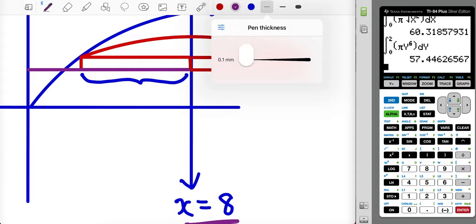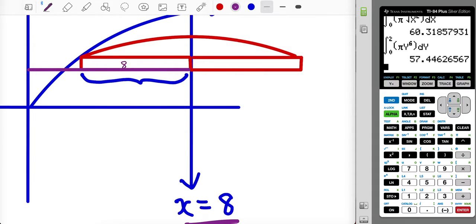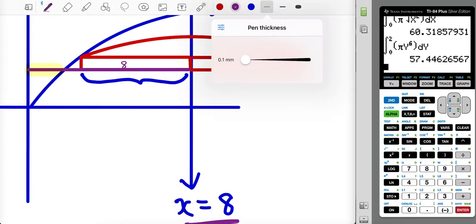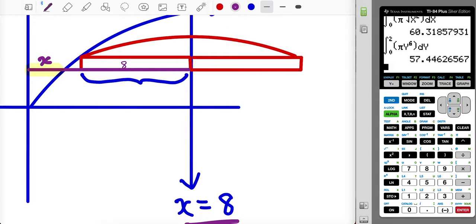Make this a little thinner. So this is 8. Now, the piece that we don't want, just shy of the piece that we do want, that's actually X. So we can work with that. It's useful information. So that's X. The whole thing is 8. So this whole distance here is 8.